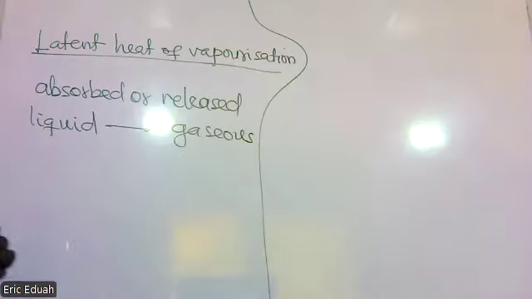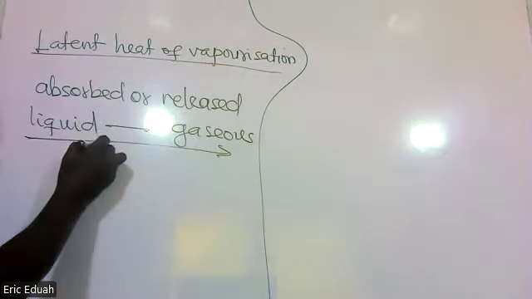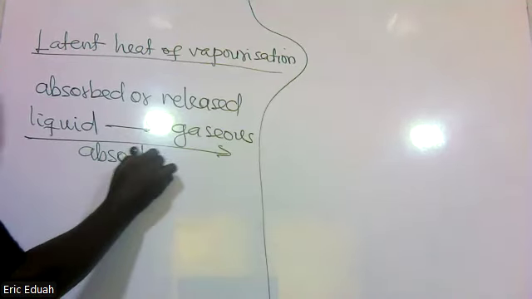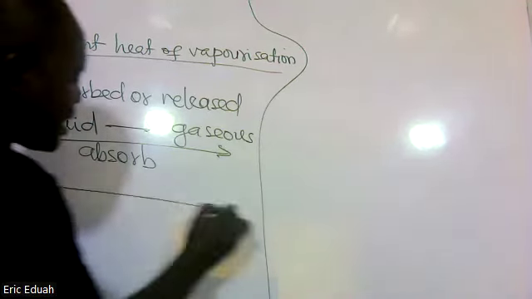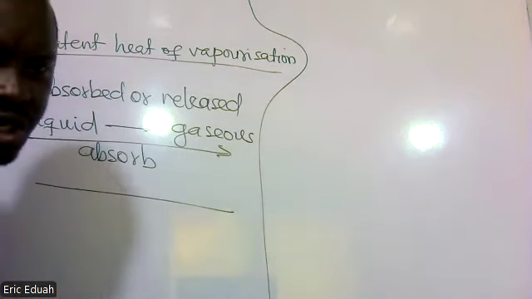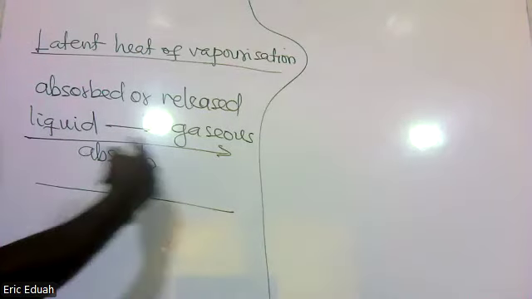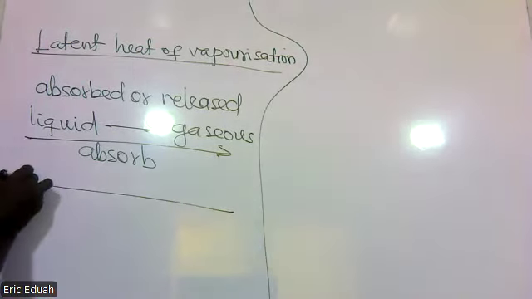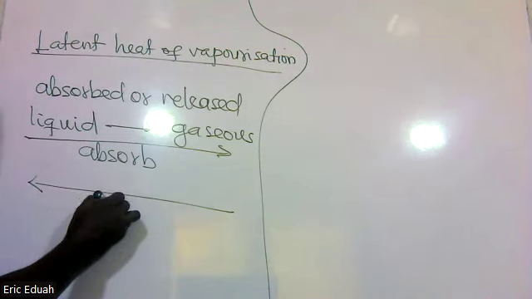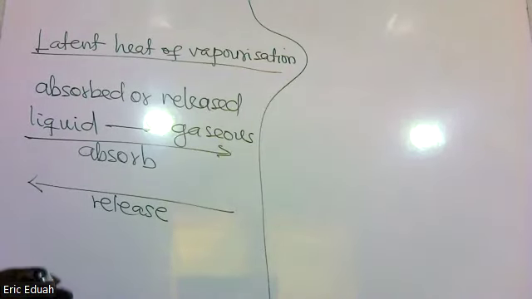So when we are changing state from liquid to gaseous, the substance or material must absorb heat energy. When the same material is changing state from gaseous back to liquid, then it must release the heat energy absorbed.